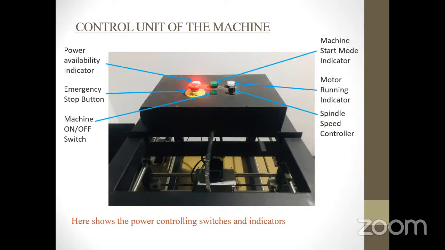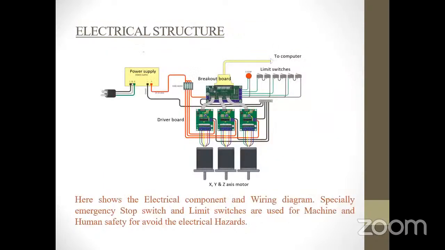They have a power availability indicator, machine start mode indicator, machine motor running indicator, and the important thing, the emergency stop button. The electrical structure of my CNC machine shows how each component is connected to each other, like stepper motors, stepper motor drivers and the control board.